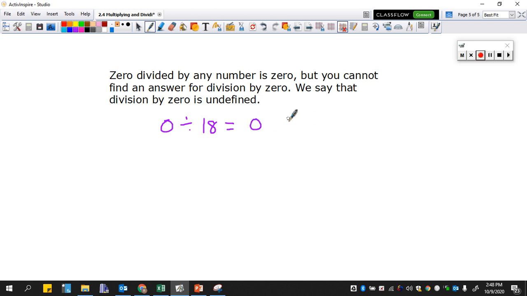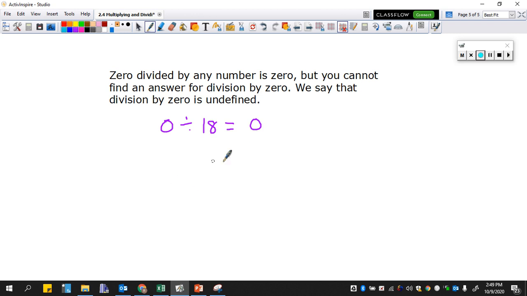That's always going to be the case, because you can take 0 of something and divide it up into however many groups you want to, and there's always going to be 0 things in each of those groups. So if I take 0 digits or something and divide those into 18 different groups, each of those 18 groups is going to have 0 things in it.